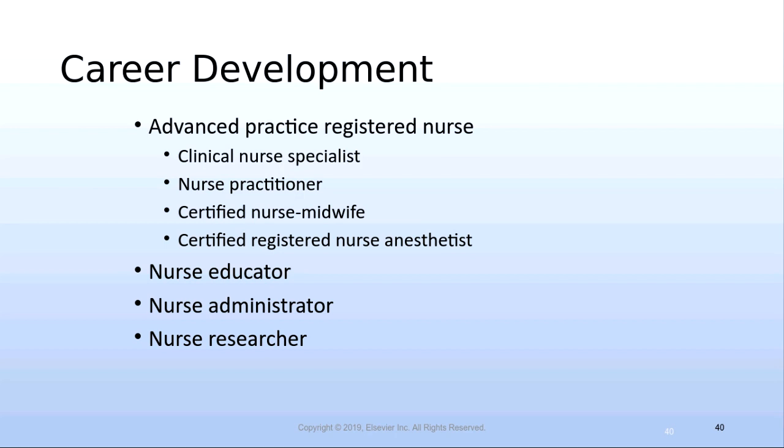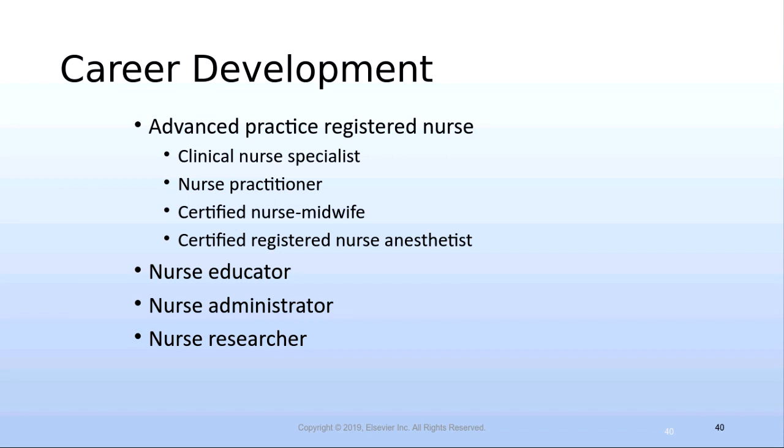I mean, you're never too old to learn. You're never stuck anywhere. You can always go on and learn more. The Advanced Practice Registered Nurse, or the APRN, is the most independently functioning nurse. There's 4 core roles for the advanced practice nurse.